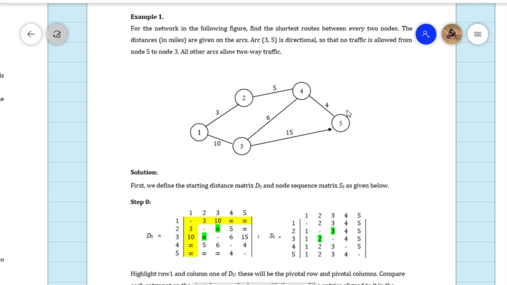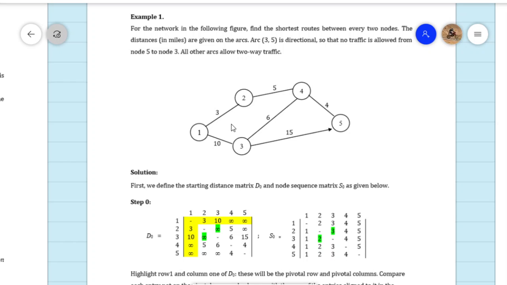The places are represented by the nodes, and the arcs are the roads, and the numbers on each arc represent the distance in miles of the two nodes connected by the given arc or road.